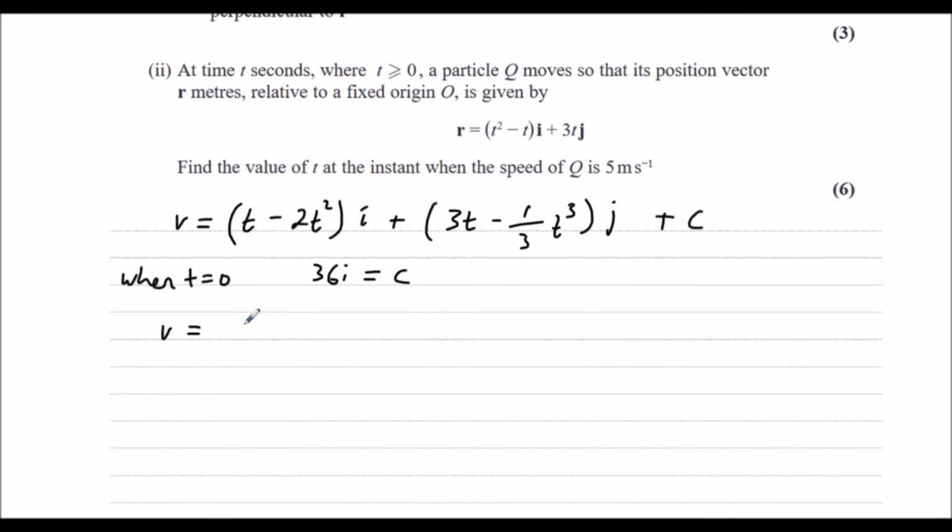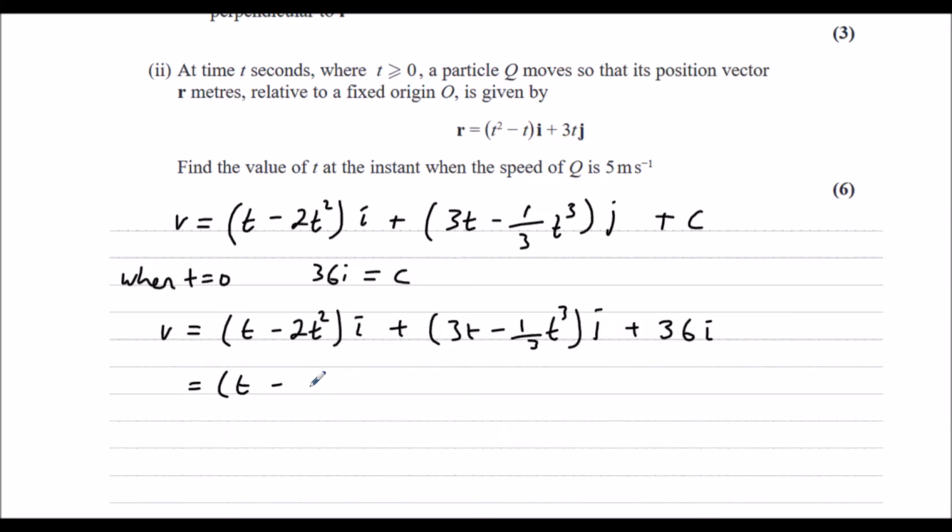So we can say the velocity is (t - 2t²)i + (3t - 1/3 t³)j + 36i. And we can bring these i's together as well. So we've got t - 2t² + 36, and they're all i's. So we've got (t - 2t² + 36)i, and we've got (3t - 1/3 t³)j.